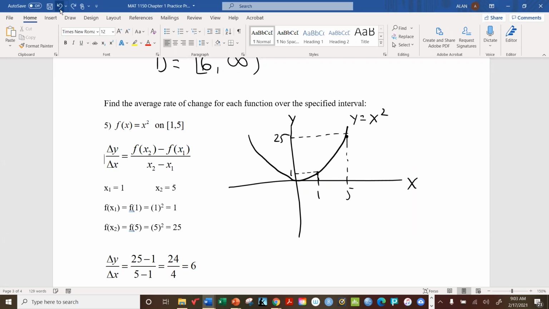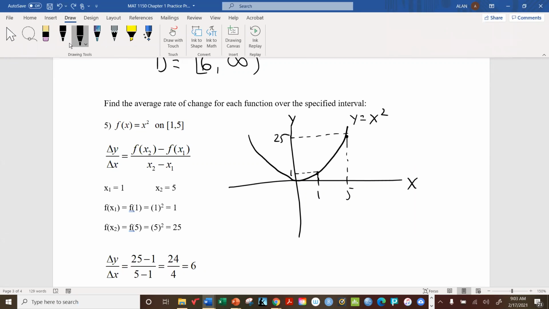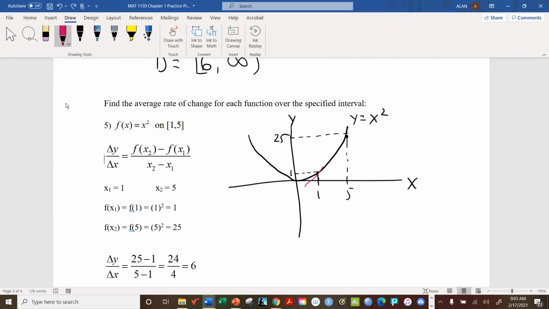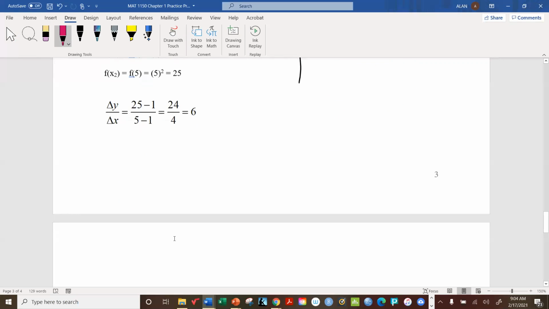It's supposed to just touch the curve at one point. It's not the best, but you get the idea. It's a straight line, it's a tangent. The slope of this line touches the curve at one point. The slope is 6. It's very difficult to draw right here, but that's what we're trying to accomplish here.